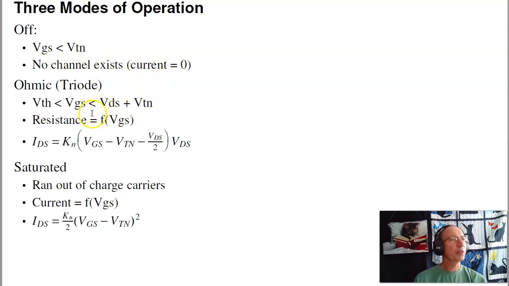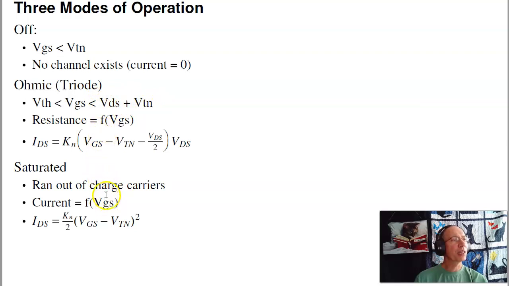The ohmic region is as I first start turning on the MOSFET, I start getting a resistor. The channel gets bigger and bigger. The bigger the channel, the less the resistance. This is if the gate voltage is bigger than the threshold voltage, so there's a channel, but VDS is less than VGS minus V turn-on. If I go beyond that, I run out of current.